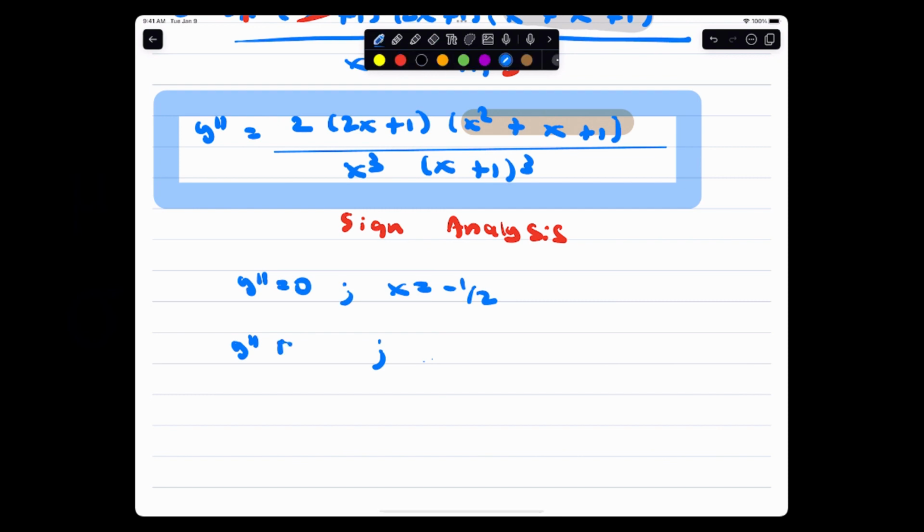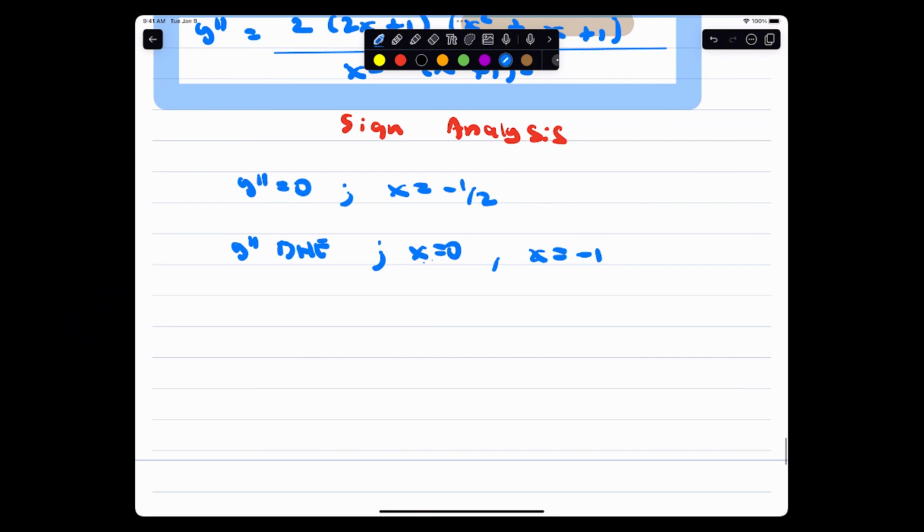Second derivative does not exist where x equals 0 and x equals negative 1. So your sign analysis, just so you guys know, was the domain restricted in any way?